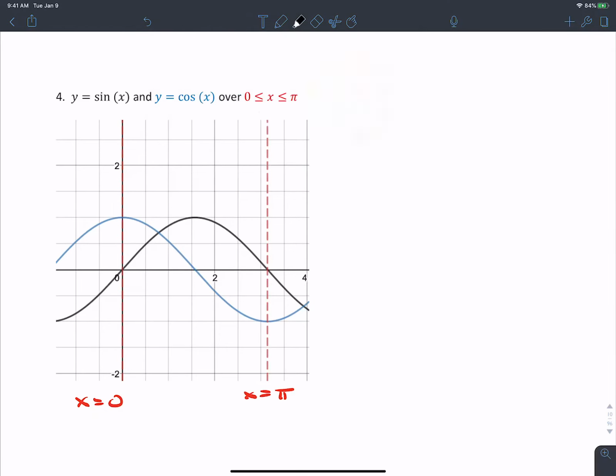So area between the curves. This is what they're talking about. All right, you guys okay with this? So far, so good?